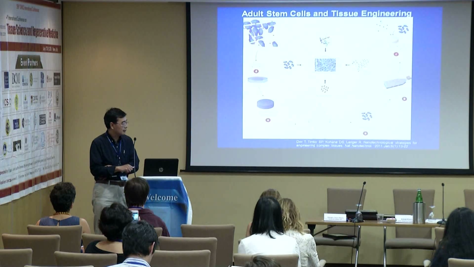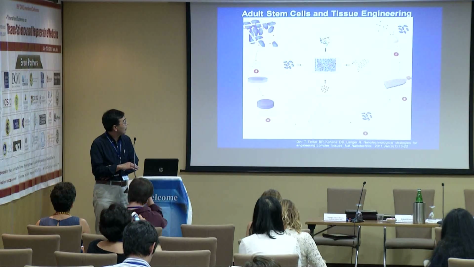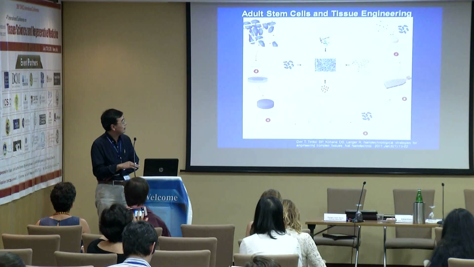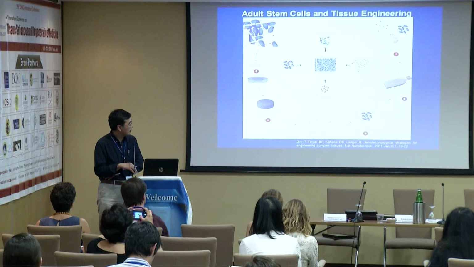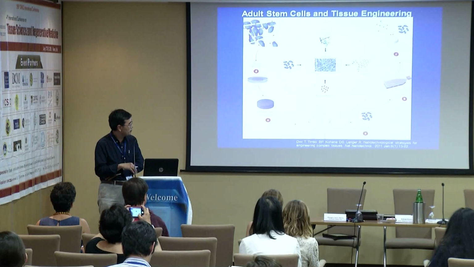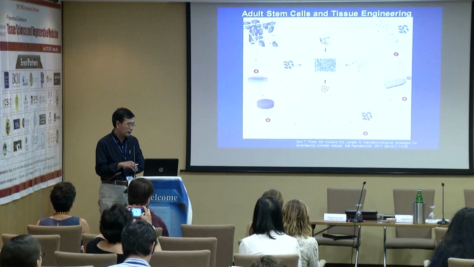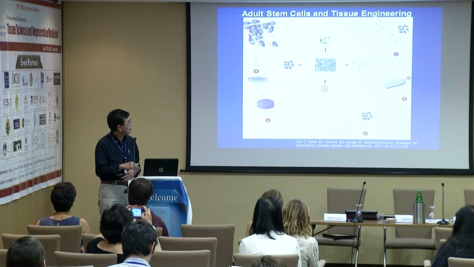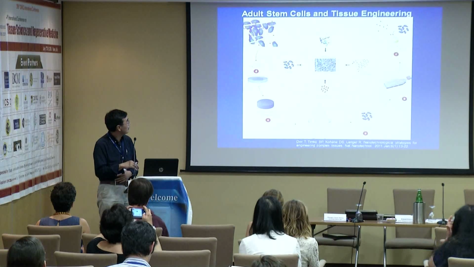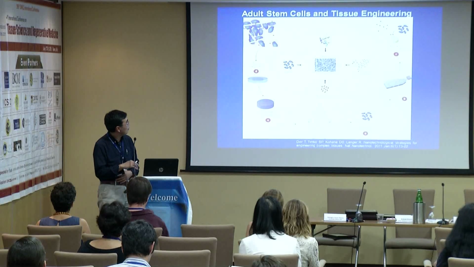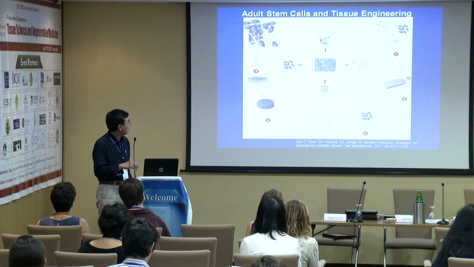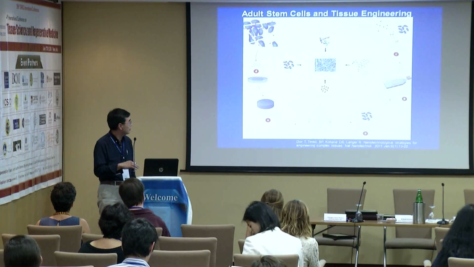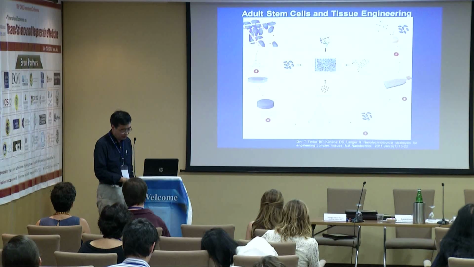Another line of using adult stem cells for regenerative medicine is stem cells and tissue engineering, and a lot of speakers talked about that this morning. That involves the patient's own stem cells, culturing them in vitro and putting them in a scaffold, plus growth factor and other factors, and either you put it into the patient or you culture it in vitro to produce some tissue and then transplant it back to the patient.